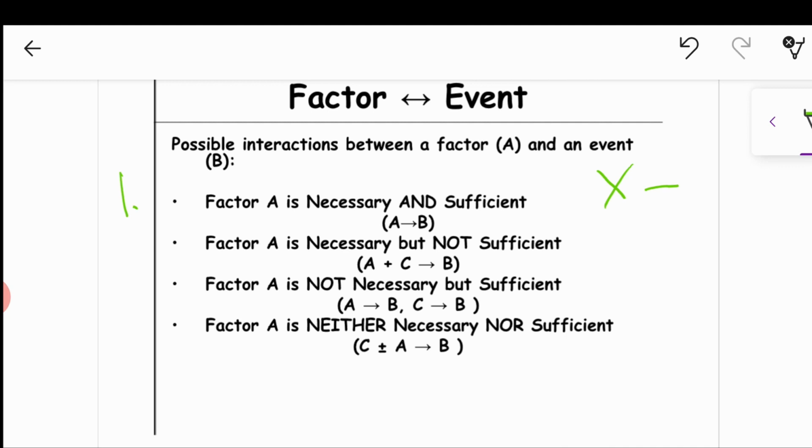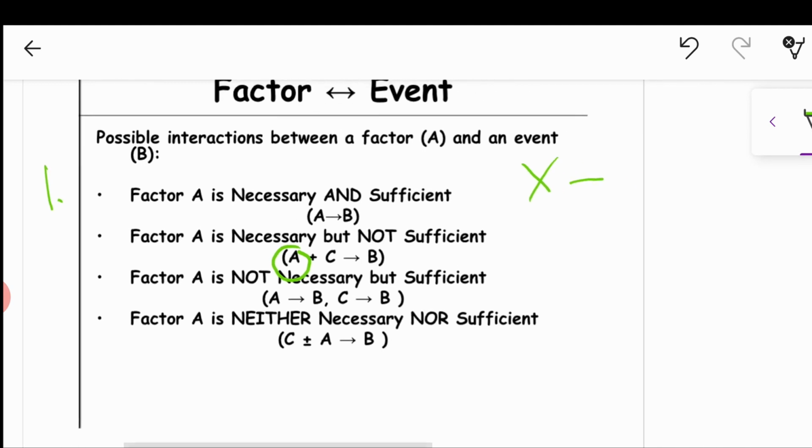Next, factor A is necessary again, but now it's not sufficient. All right. So here it's basically saying that A by itself can't cause B. All right. It's needed to cause B, but it's not solely primarily responsible. All right.